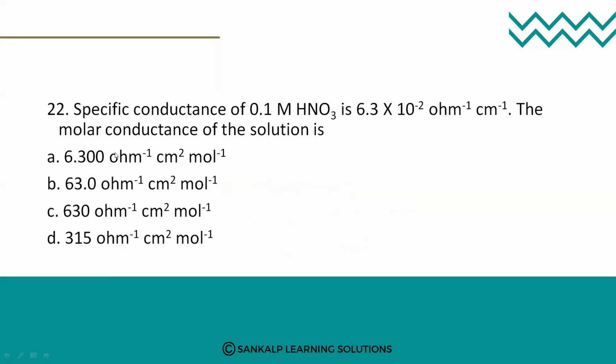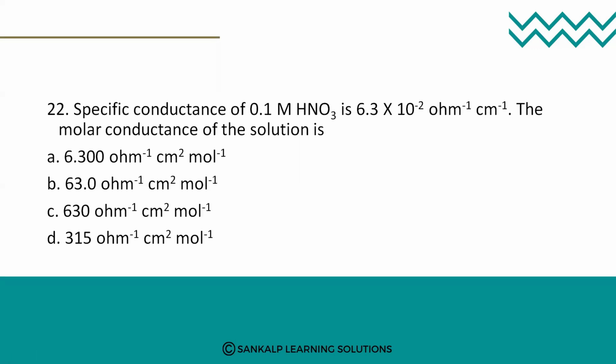So remember the formula. Now this is about specific conductance. The specific conductance is given, and you have to calculate the molar conductance. So specific conductance of 0.1 molar HNO3 is 6.3 into 10 raised to minus 2 per ohm per centimeter. The molar conductance of the solution is? So how to calculate it?